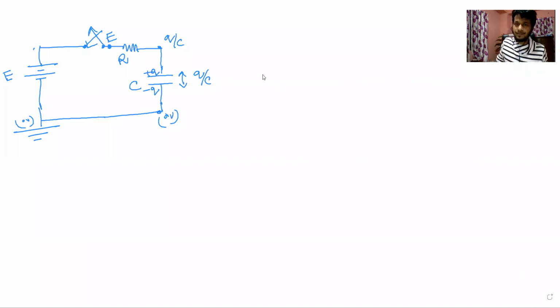Okay, so Q of t was what? Q naught (1 minus e inverse t by RC), right? This is the formula for charge at any point of time t across the capacitor.